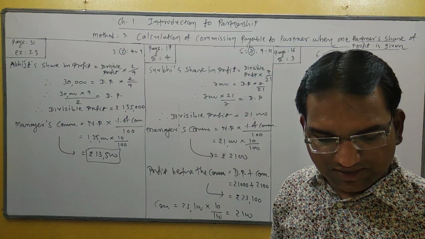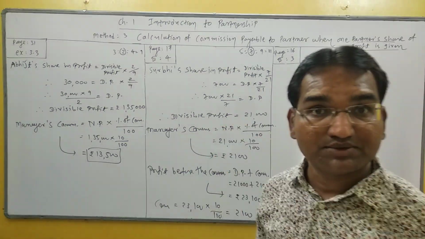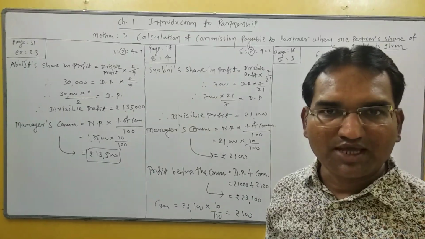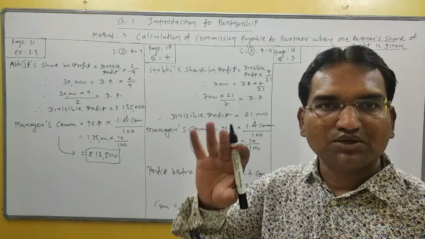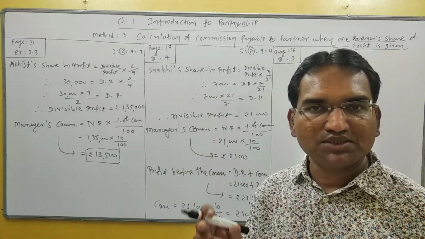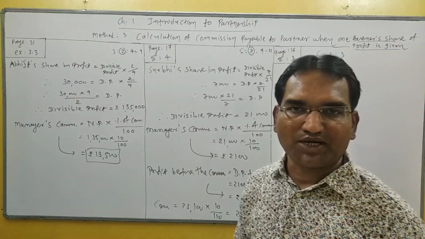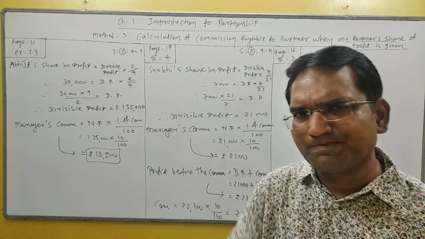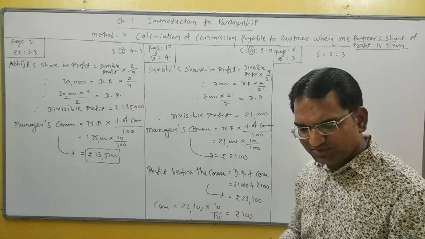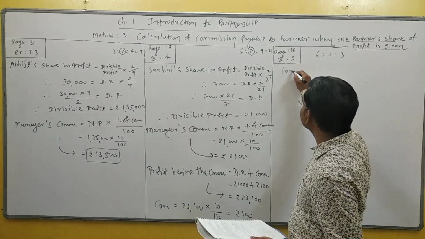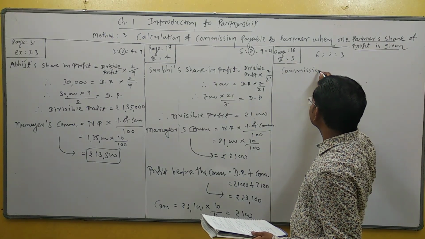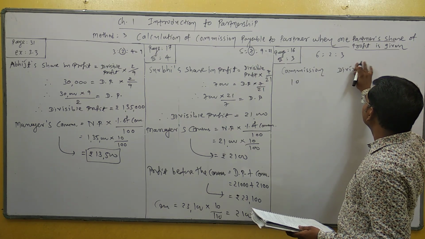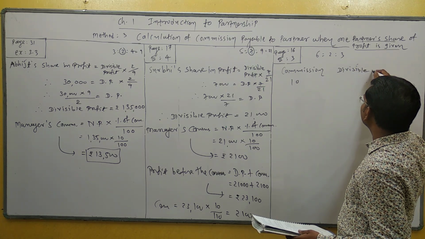Commission is given at a 10% rate and the amount of commission is given. Distribution of profit among the partners is also given, and the profit of the whole business, meaning divisible profit, is divided between partners. So here we are required to calculate divisible profit, and it is very simple because the rate of commission is 10. If commission is 10, then divisible profit is 100.